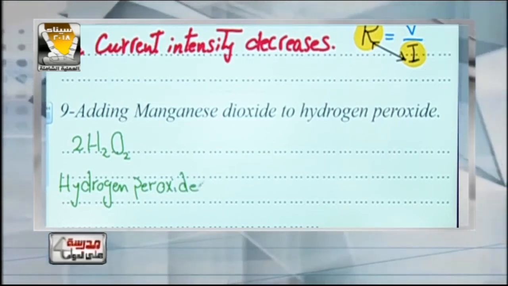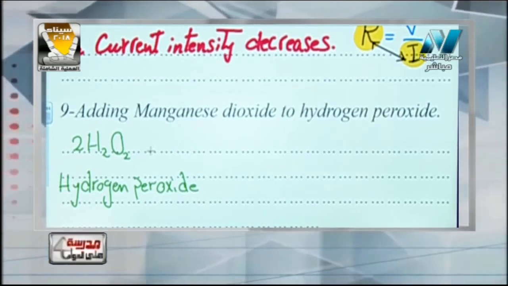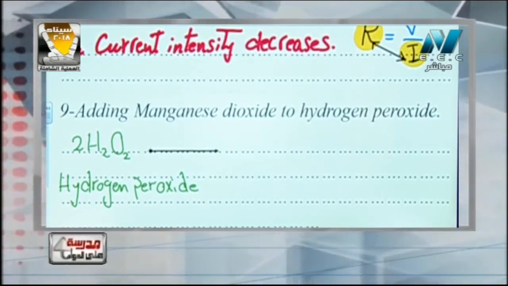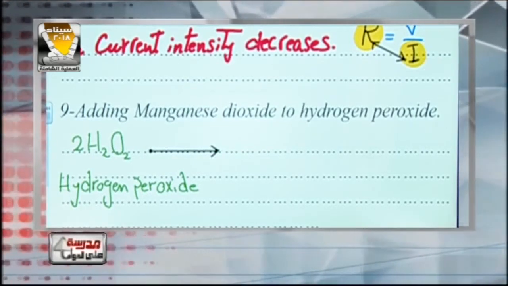And we know that if we add manganese dioxide to hydrogen peroxide, here we have manganese dioxide, MnO2, as a catalyst.